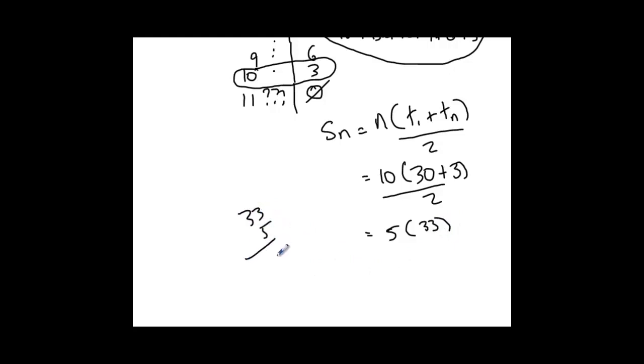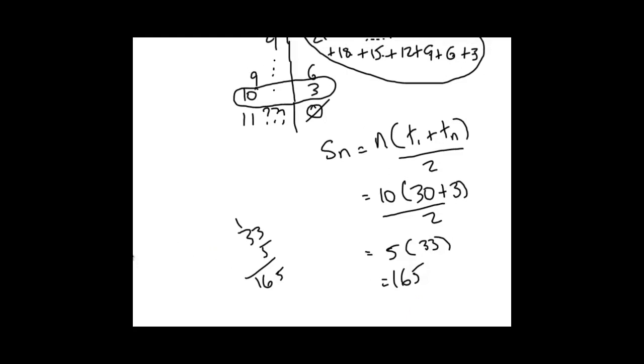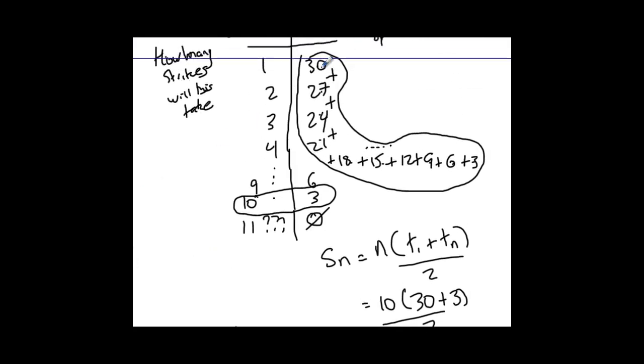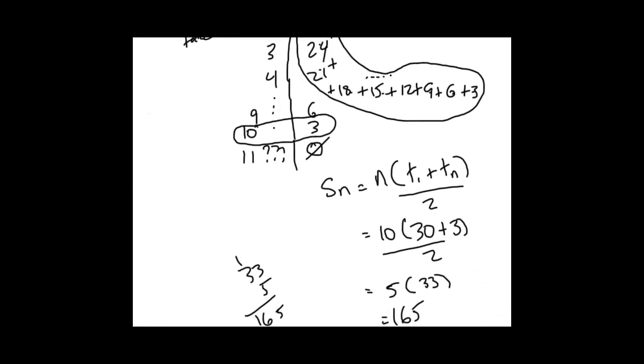So then 33 times 5: 3 times 5 is 15. So hopefully you got 165. And that would, in theory, be a faster way than actually adding all of these numbers up one at a time. So hopefully I didn't make a mistake there.